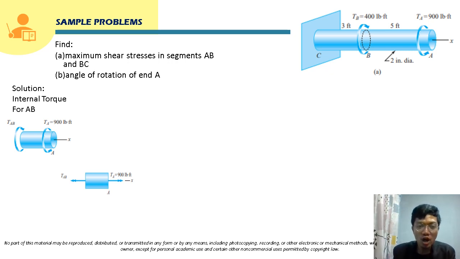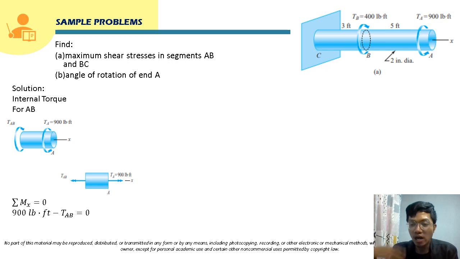Class, if we are going to solve for the internal torque TAB, we can sum up all the torques here, and this will be in equilibrium, so this will be equal to 0. For our assumption here, counterclockwise will be positive and clockwise will be negative.